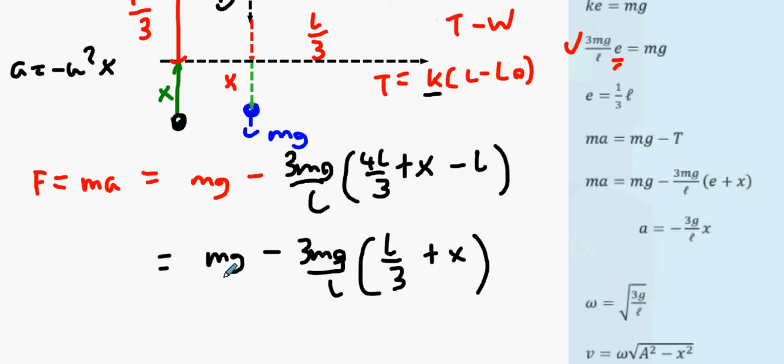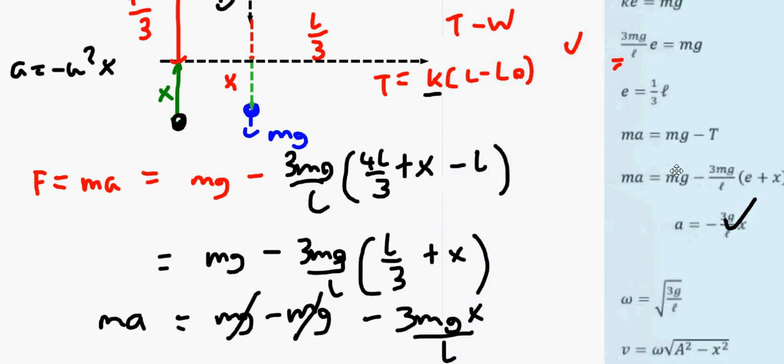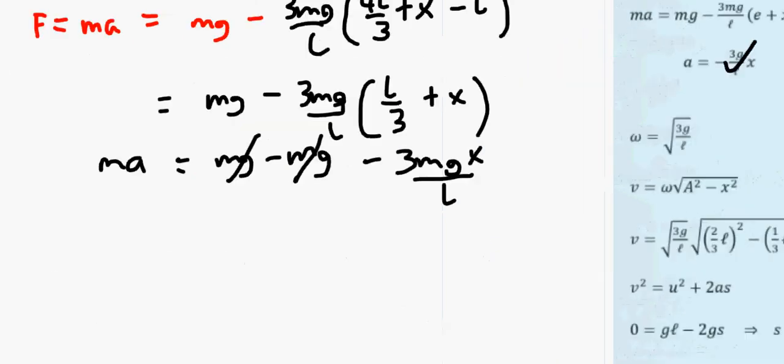So I'm fully expecting that mg to cancel, which it will. 3mg over L multiplied by L over 3 is your minus mg. I was completely expecting that to happen. And then we get minus 3mgx all over L. And there's our ma. So we're pretty close to having this part of the marking scheme done, which will give us, there's no actual marks on it. Yes, pity. Alright, let's keep going.